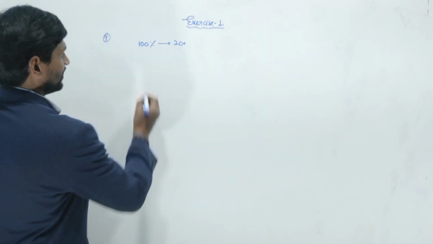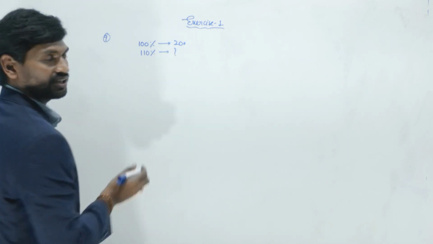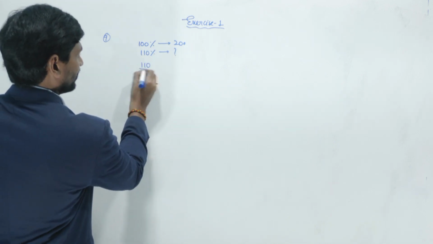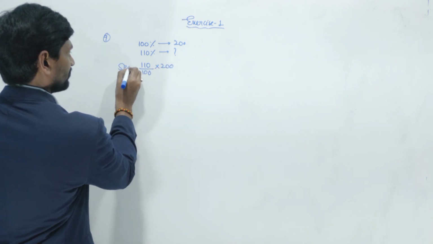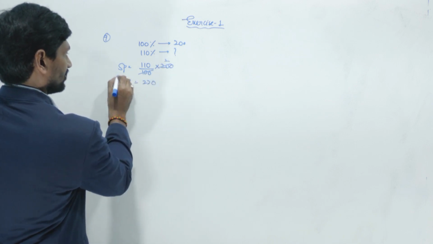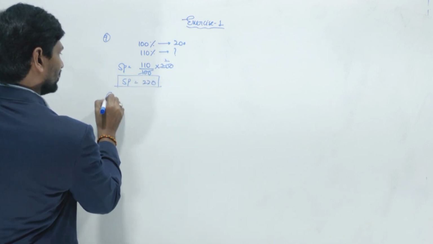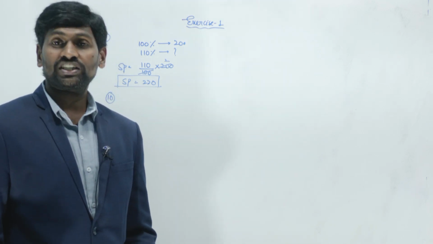And selling price is 10% profit means 110% is how much? Okay, na? So 110 by 100 into 200. So selling price will be 220 rupees. Okay, na? So let us go to question number 10.